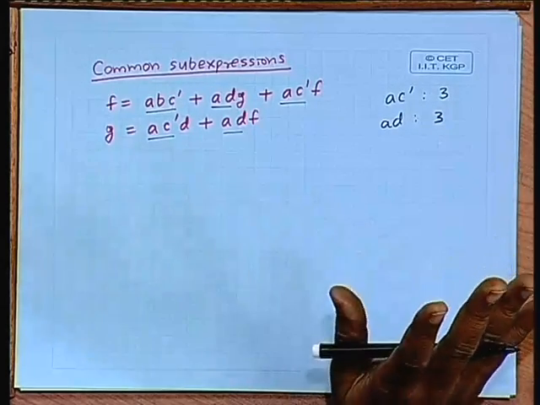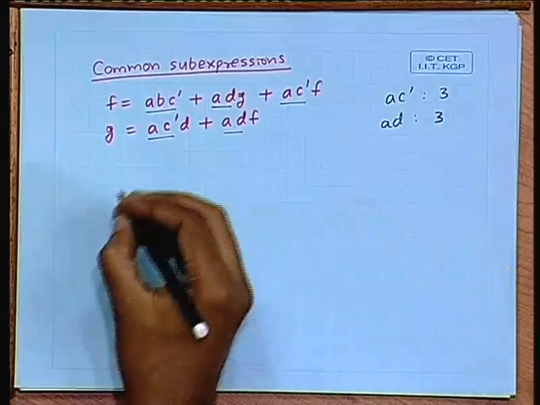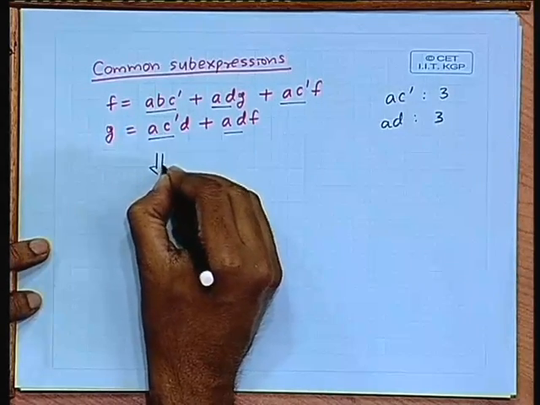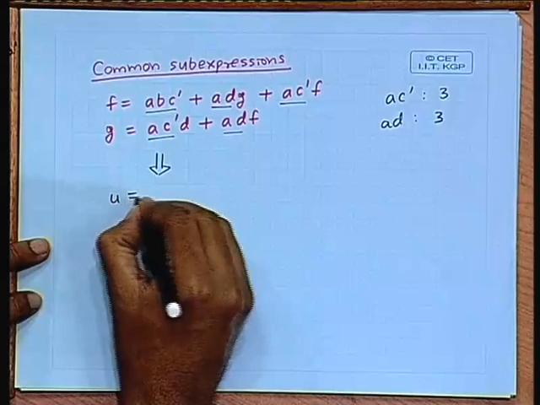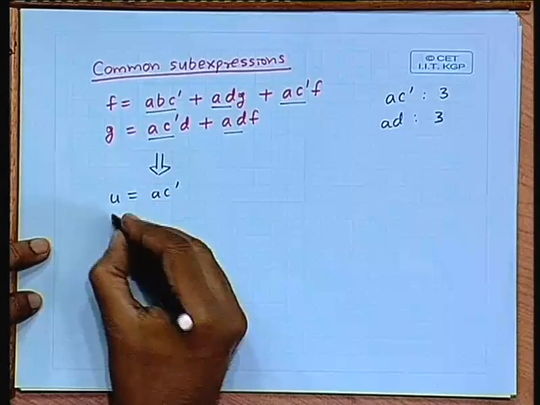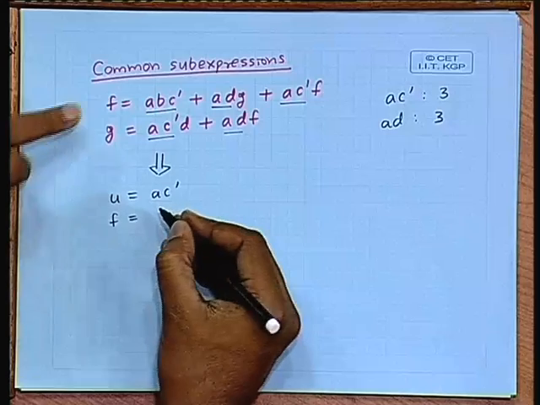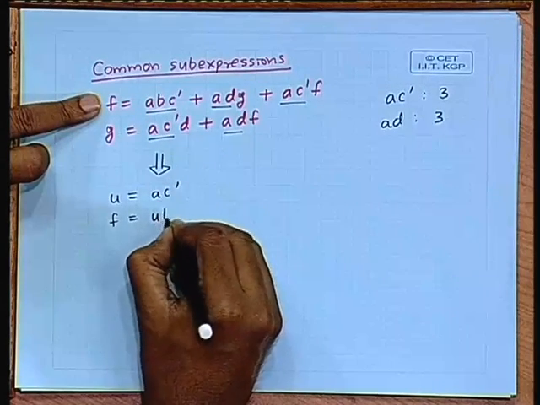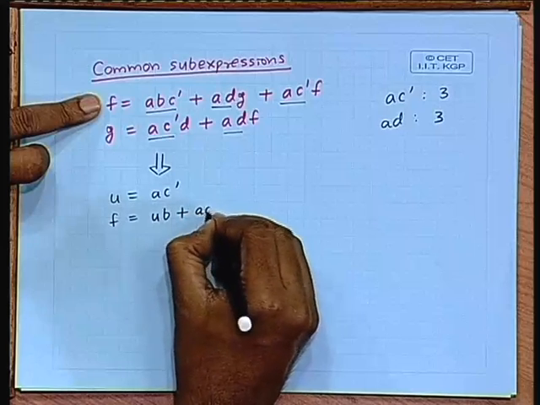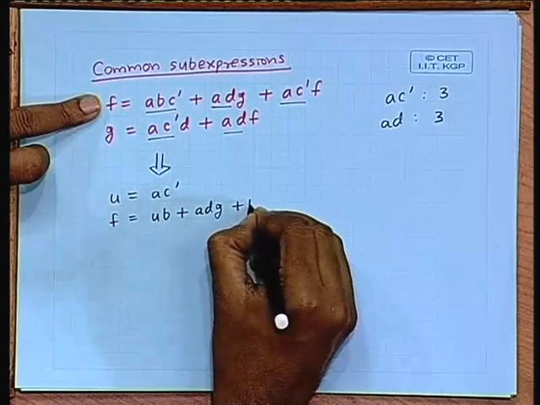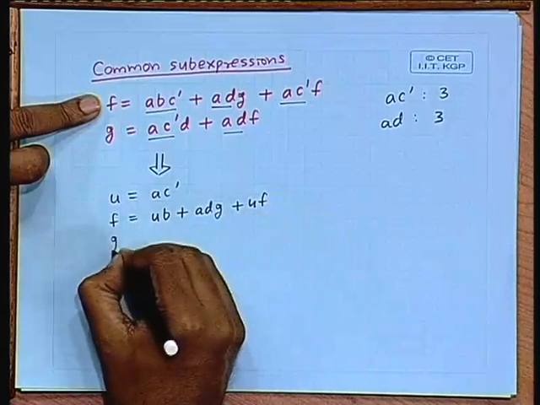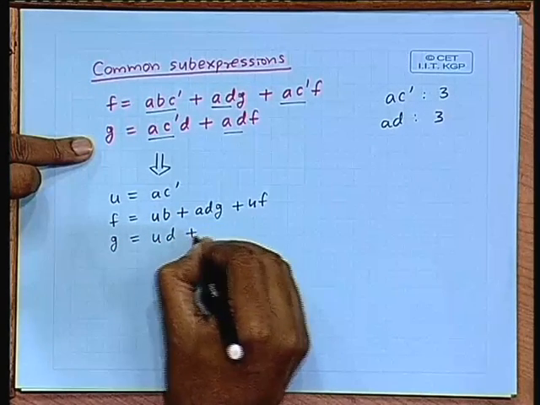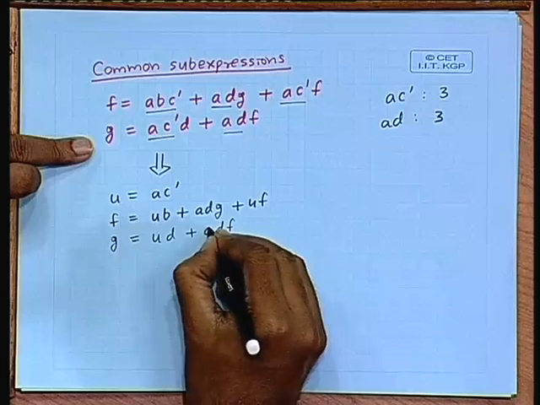Now suppose we decide to use AC bar. So our modified equation will be U equal to AC bar, F will become UB or ADG plus UF, G will become UD plus ADF.